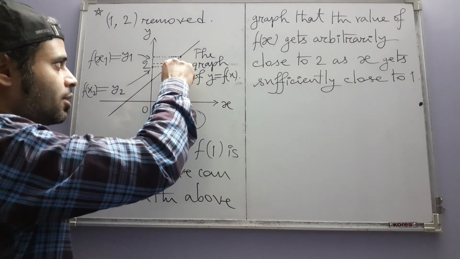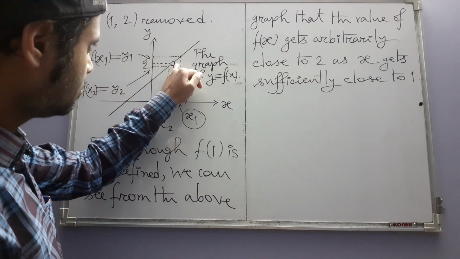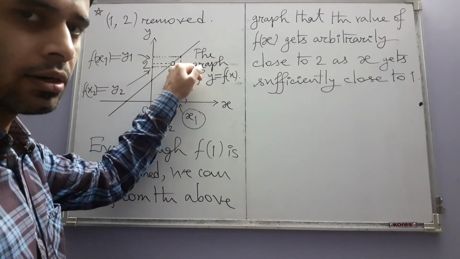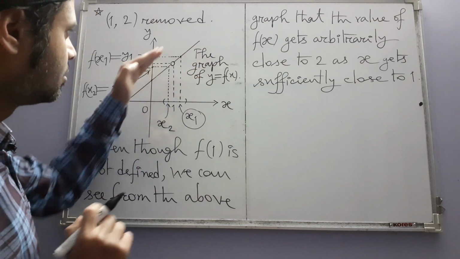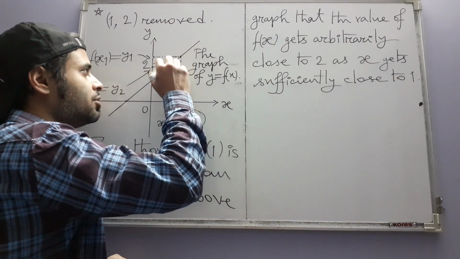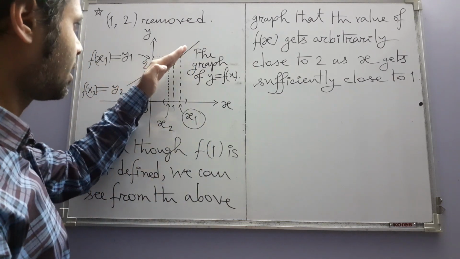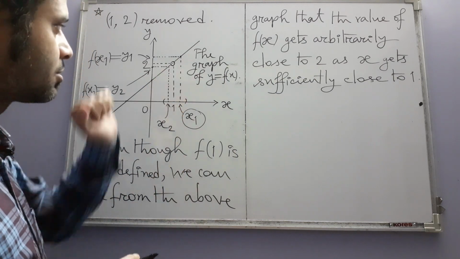Although from this figure you can see that this white circle has some radius, so it may seem that before reaching 2, at some distance from 2, this line has stopped, but no, that's not what we mean by this drawing.